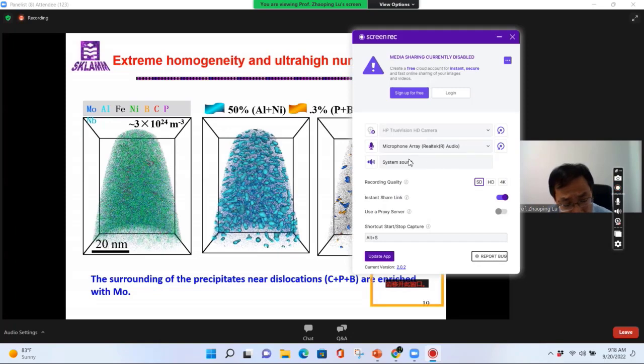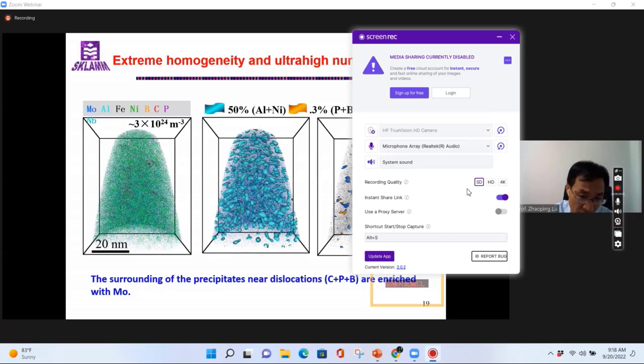So that means every 8 to 10 nanometers, there must be a nanoparticle there. Of course, due to this huge number, the distribution is homogeneous everywhere.